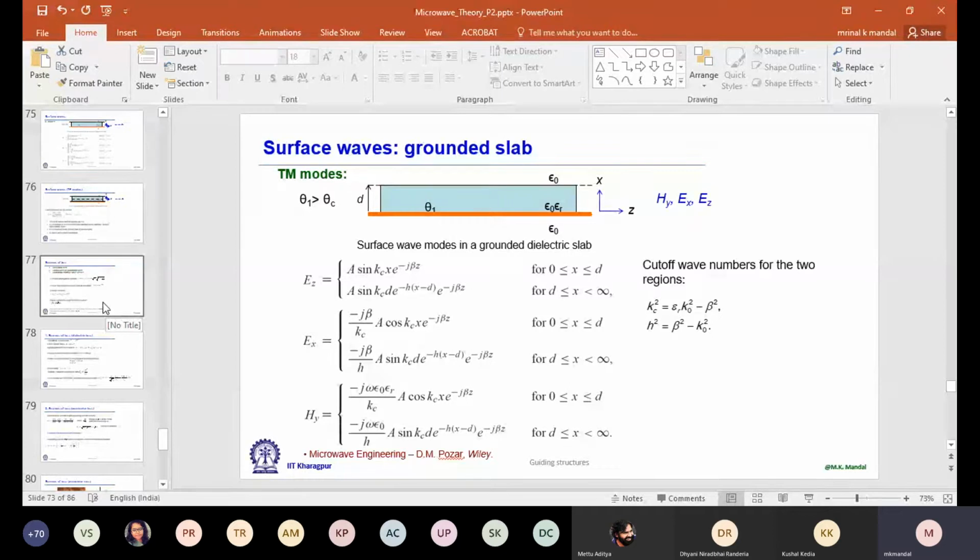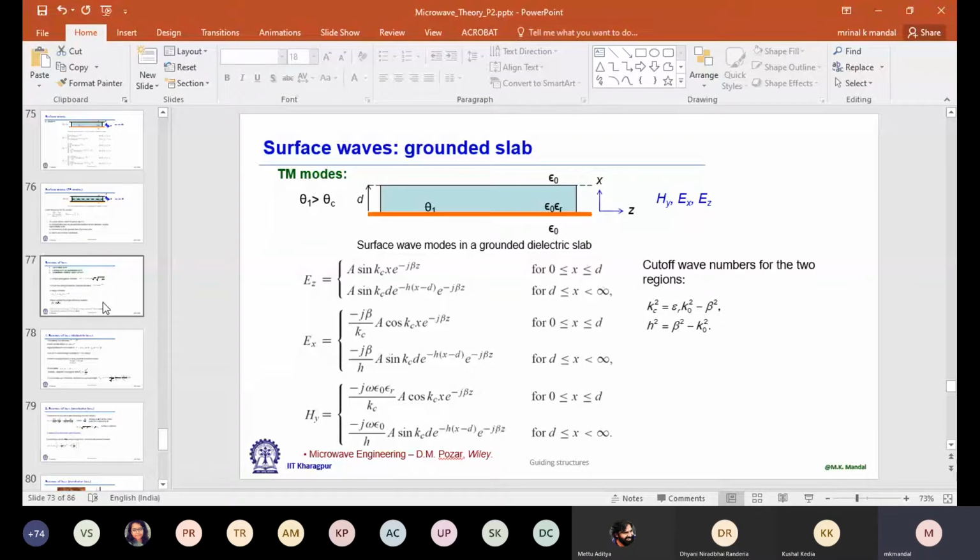Similarly, if we have a different guiding structure like CPW or coplanar strip line, which is basically a planar form of two-wire transmission line, then I suggest that you find out which surface wave modes create problem for them.